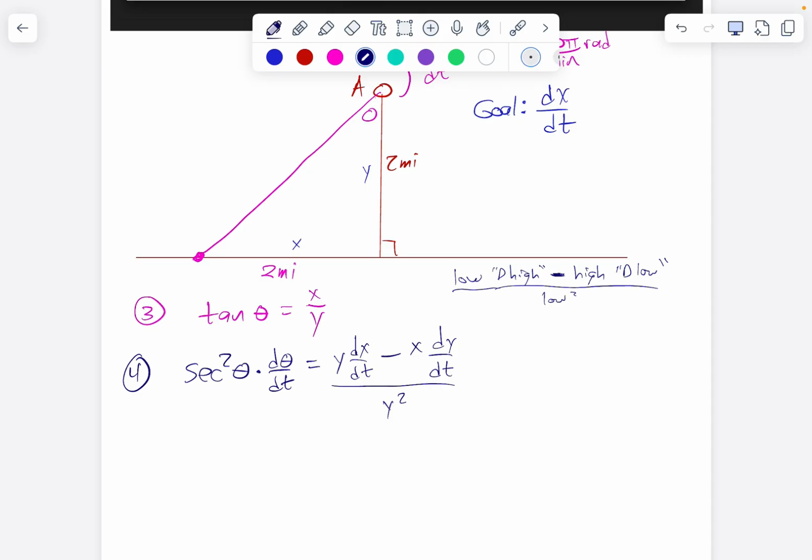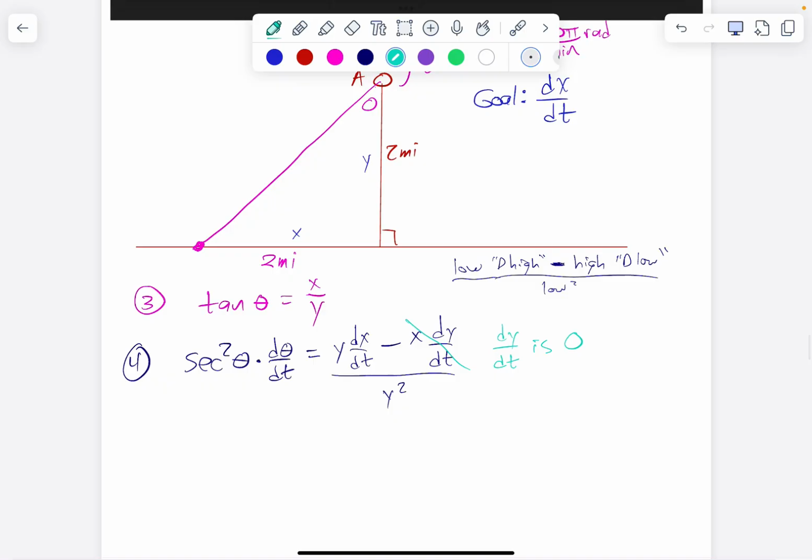Everybody good? Okay. I would note at this point, probably in my work, dy dt is 0 because that point is not changing. That beacon is fixed out there in the water.